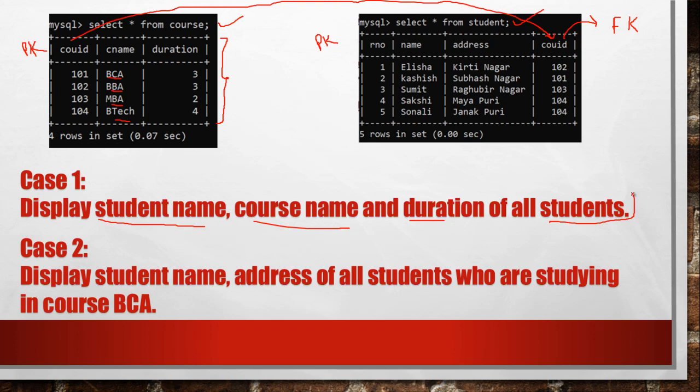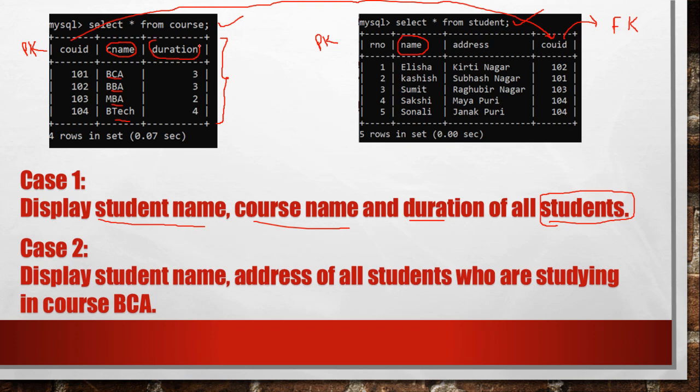So we have to show the student name, the name of the course in which the student is enrolled, and also the duration of that course. The student name is present in the student table, but course name and duration are not present there; they are present in a different table, that is the course table.